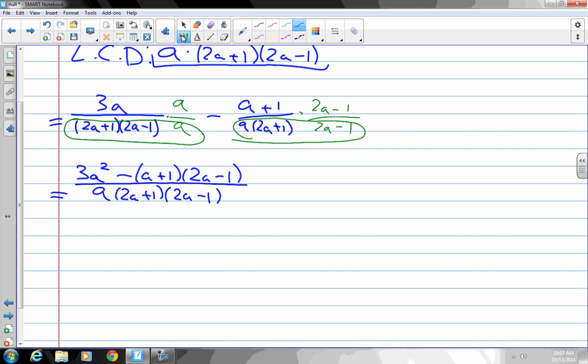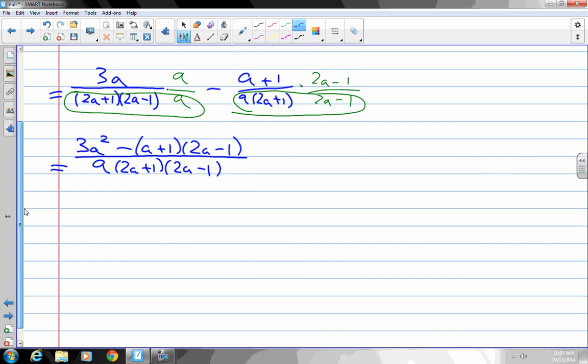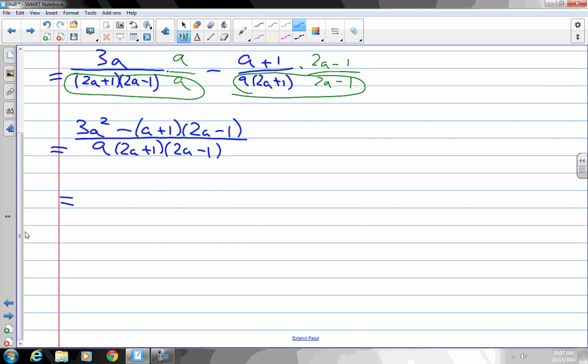Can I cross out the a with the a squared? No. Because it's not factored, there's a big minus in between, so I need to get rid of that minus somehow. We're just going to keep that LCD the same, nothing changes there. We will open up all the parentheses in the numerator, combine like terms, try to factor again, and then see whether we can reduce that.